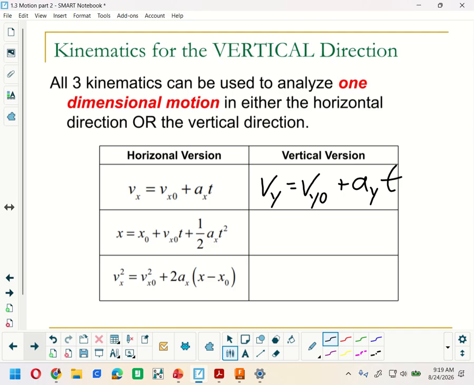And help me with this next one. What's this next one going to look like? Initial y, very good. Okay. Not so bad. Just means that we're up and down. This last one right here.